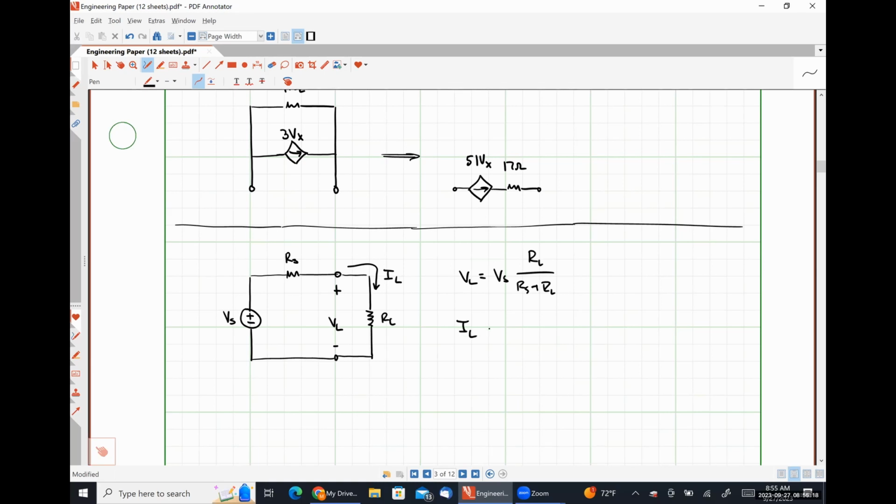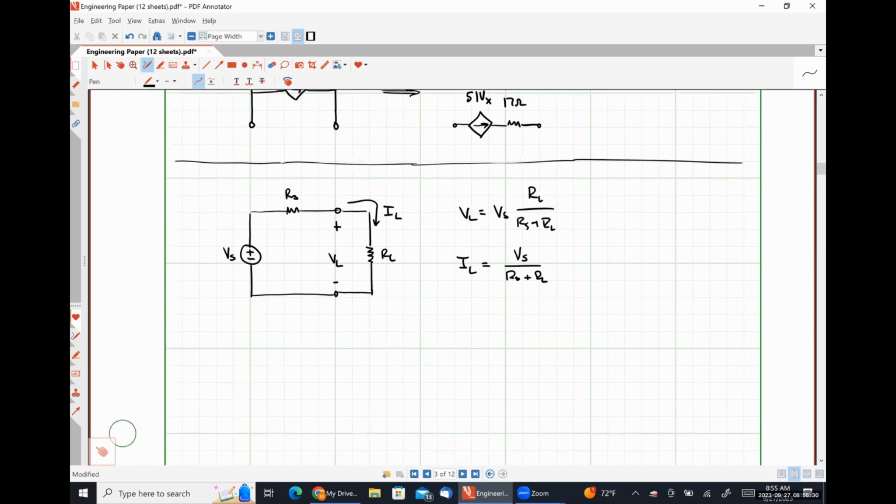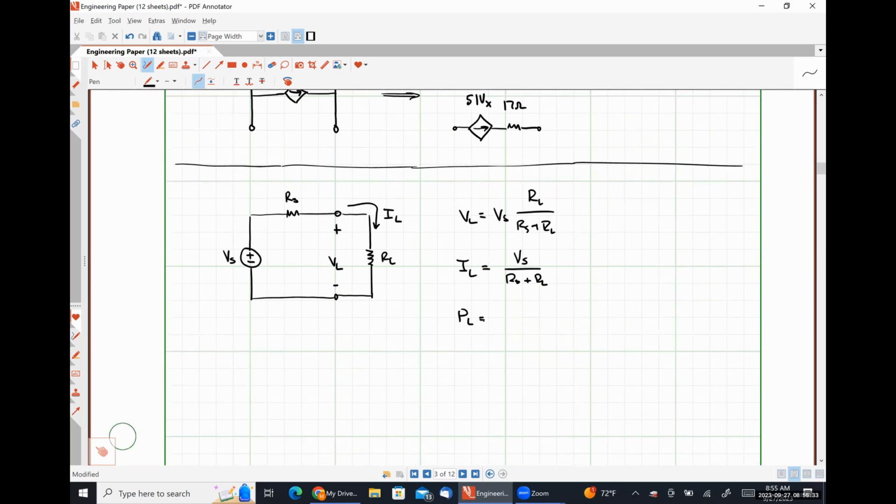We know that IL will be Vs divided by Rs plus RL, and we know that the power absorbed by our load will be Vs squared times RL over Rs plus RL squared.